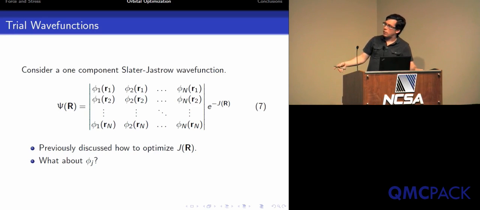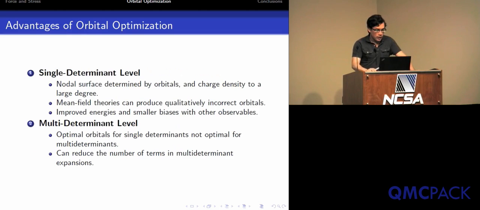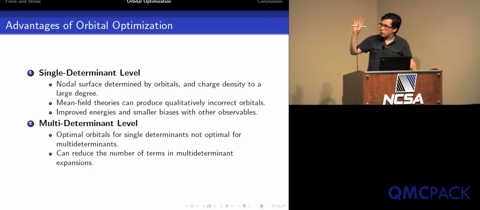But you might ask, why not optimize the orbitals? There are some pretty big advantages to doing this. For the most part, the charge density is determined by the orbitals you get out of a mean field theory, but more importantly, your nodal surface is pretty much exclusively determined by these orbitals.